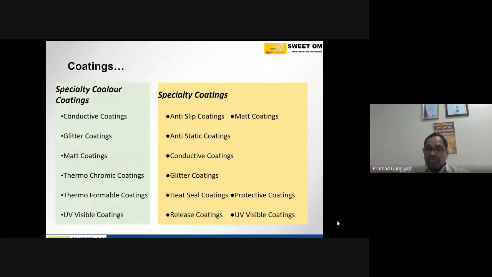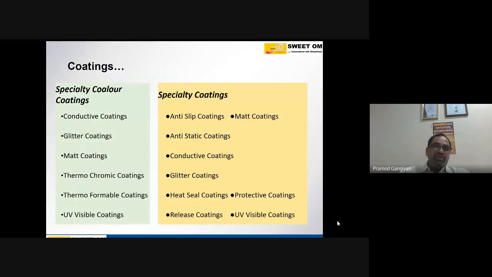What are conductive coatings? Conductive coatings are those coatings used, for example, in making PCBs for the electronics industry. Earlier, PCBs were manufactured with a wire mesh. There was a metallic layer, maybe copper, but today it is not the case.